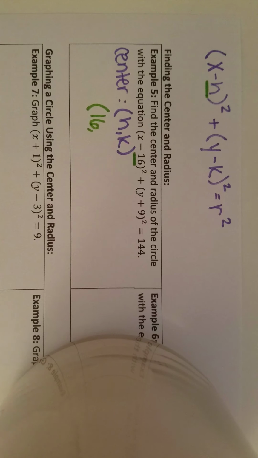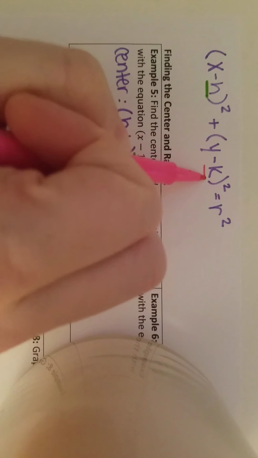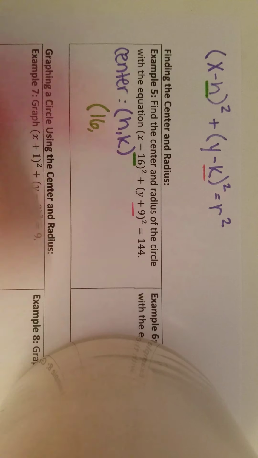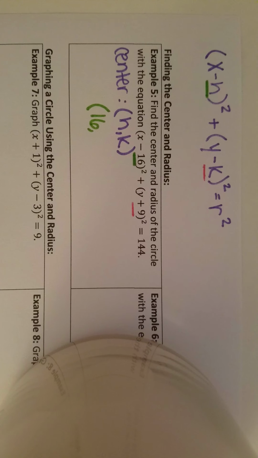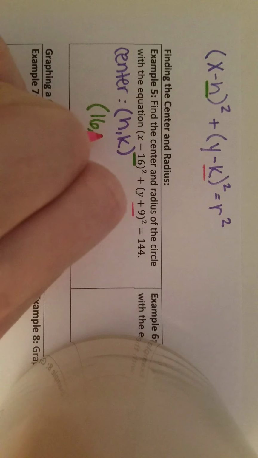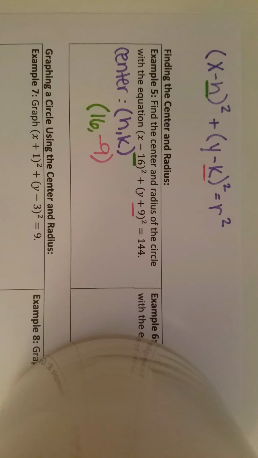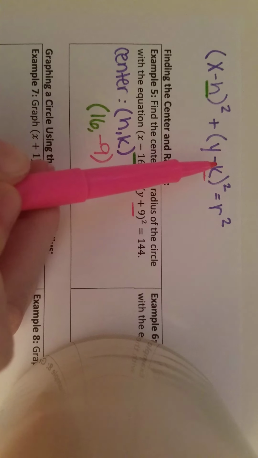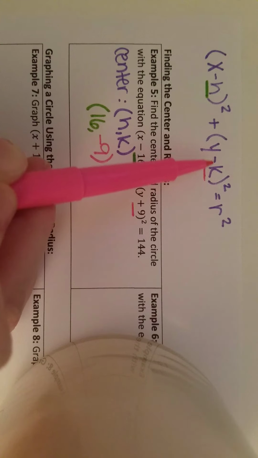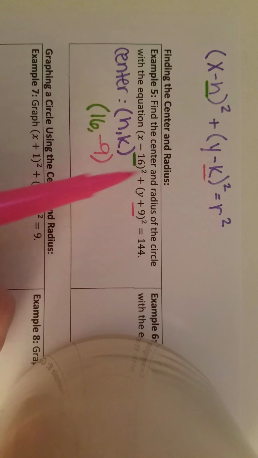Now, if you look here, it's minus k, but this is plus 9. The sign has been changed. So instead of it being a plus 9 for k, k is going to be a minus 9. Because if you plugged in a negative 9 where this was, you'd end up with a double negative, which would turn into adding.